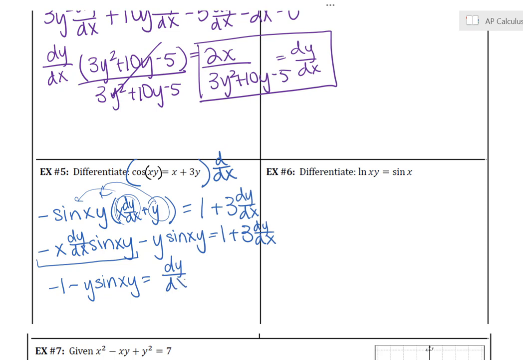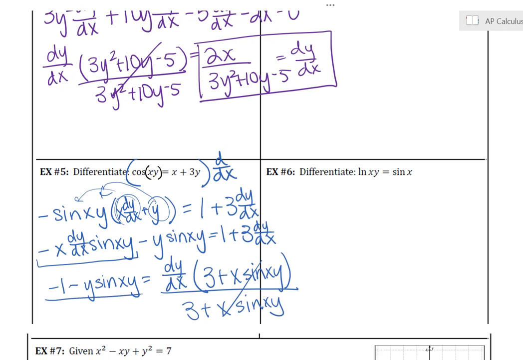So I have a dy over dx times, we already had that 3, and then plus x sine of xy. Last thing to do is just divide. And this is a messy answer, but that is okay because we're in calculus and life is messy. So I'm just going to put a little box right there because that all factored out.